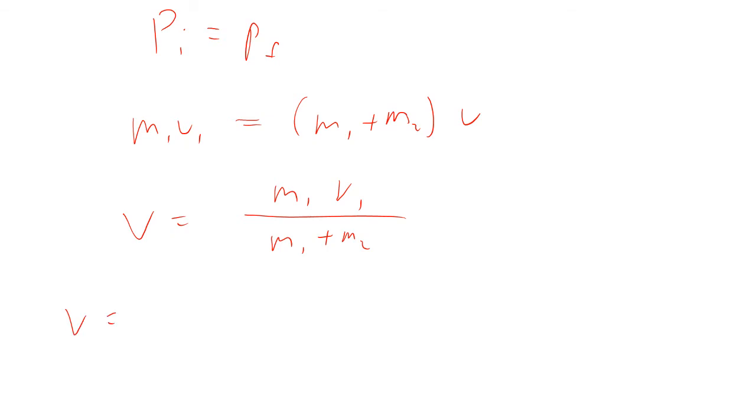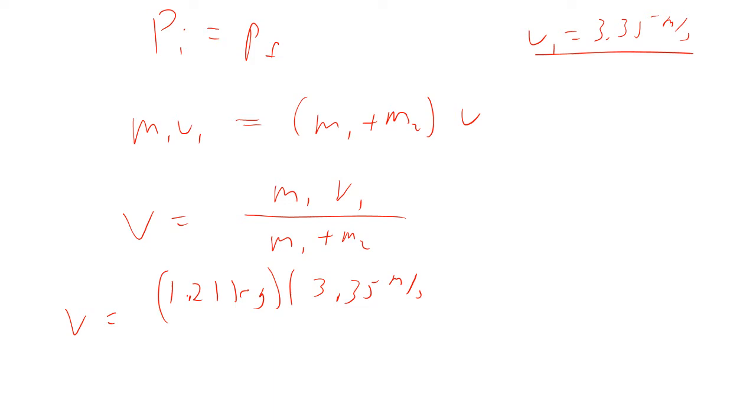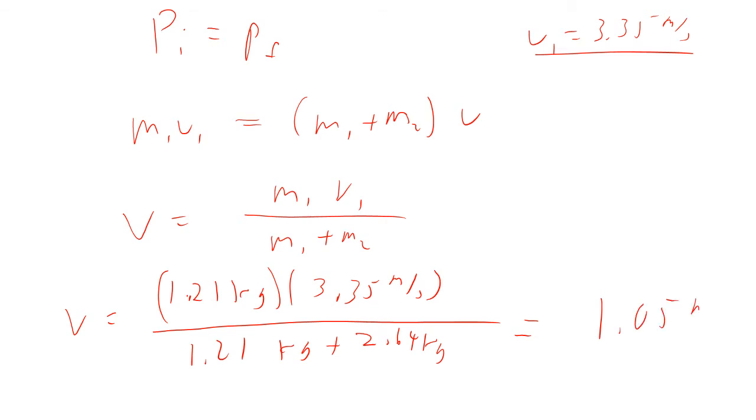So that's going to be equal to 1.21 kilograms times v1, and I don't remember if I told you, but let's say that the initial velocity was 3.35 meters per second. So 3.35 meters per second divided by 1.21 kilograms plus 2.64 kilograms. And that comes out to be 1.05 meters per second.